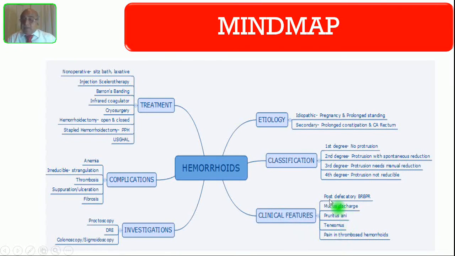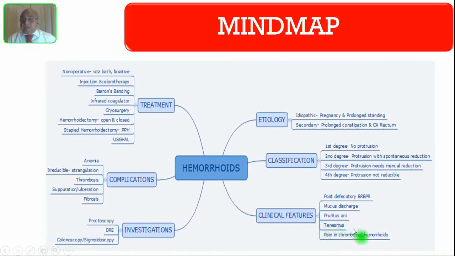Clinical features, the most common thing is post-defecatory bright red blood per rectum. There may be mucus discharge in third and fourth degree internal hemorrhoids and in external hemorrhoids. The patient will also have pruritus ani, or itching around the anus, because of a massive mucus discharge.